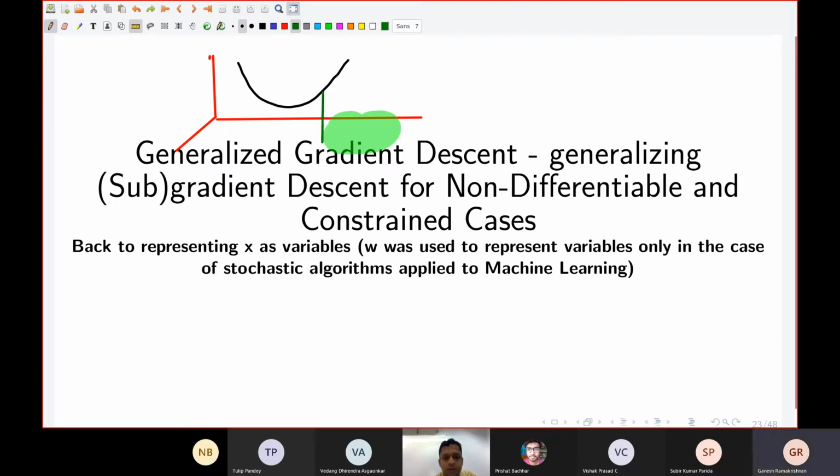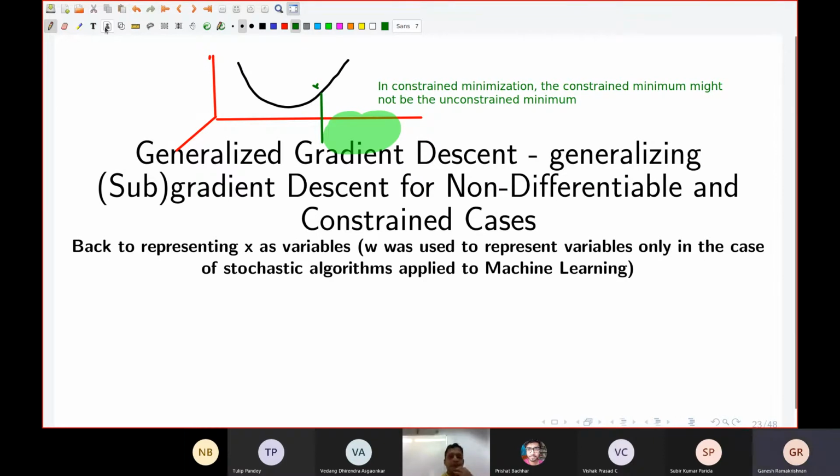This is where your minimum might be. You're not hitting the global minimum. The constrained minimum might not be the unconstrained minimum. You see that through the example?